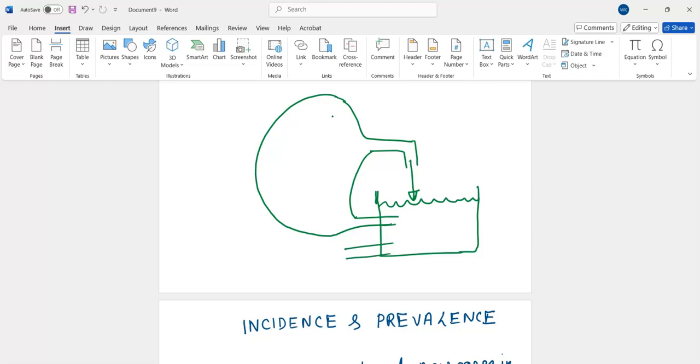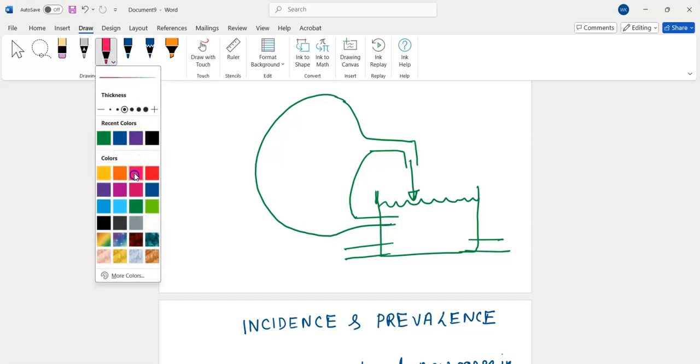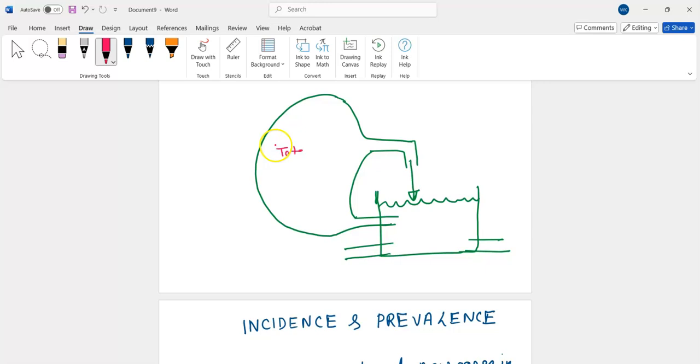So this vessel also has some drains. This pot here is the total population at risk.